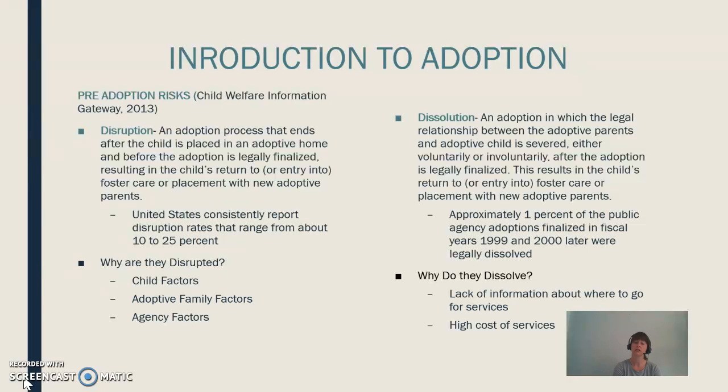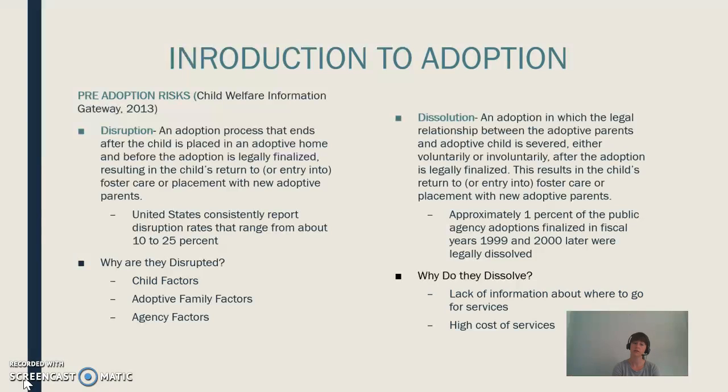Why are they disrupted? Some of the main reasons that an adoption is disrupted is the age of the child. The older the child, the higher likelihood they have of being placed back in foster care. That likelihood is about 6% more likely. Additionally, there may be emotional or behavioral issues that are displayed by the child, and these issues can be difficult for a parent to deal with.